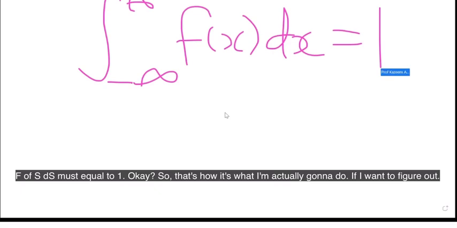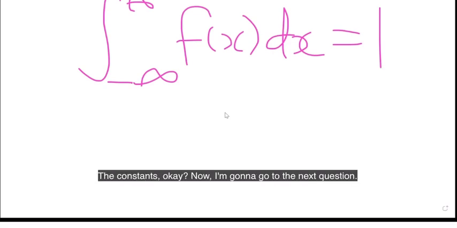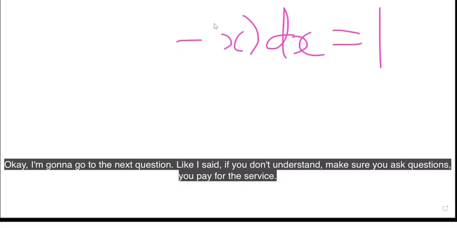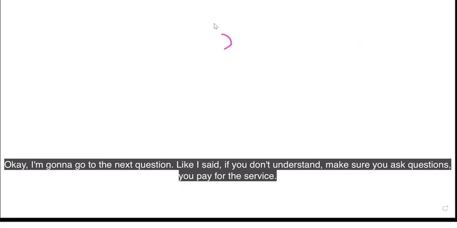So that's always what I'm going to do if I want to figure out the constants. Now I'm going to go to the next question. Like I said, if you don't understand, make sure you ask questions, you pay for the service.